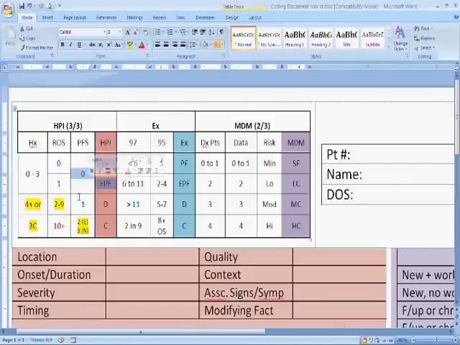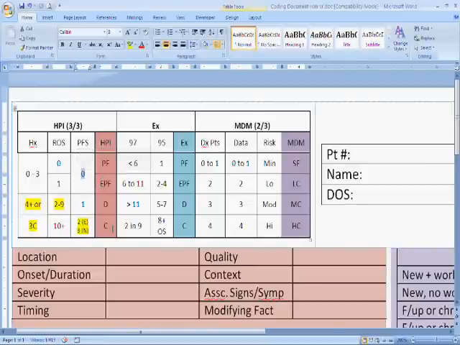Same here with the descriptors. If there's 0 to 3, then it would be an EPF, assuming that there wasn't 0 review systems. The only way you could get a problem focused history is if there's 0 to 3 descriptors, no review systems, and no history. That's the only way you can get problem focused.